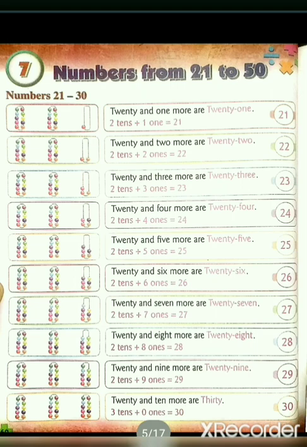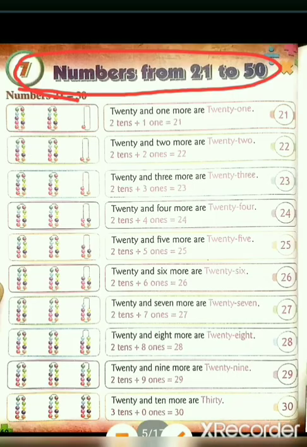In your previous chapter, you have already learned the numbers 1 to 20. So, in this chapter, we will learn numbers 21 to 50. Numbers 21 to 50 we will understand with the help of some examples.